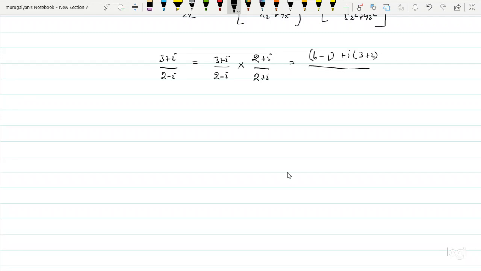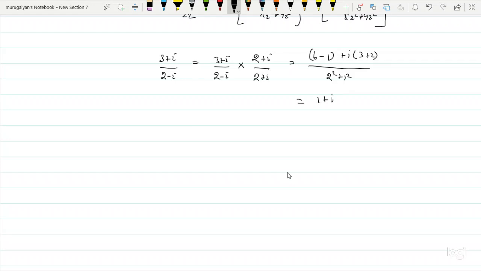The denominator is 2 square plus 1 square. So 6 minus 1 is 5, and 5 by 5 is 1, and 3 plus 2 is 5, over the denominator 5, plus i.